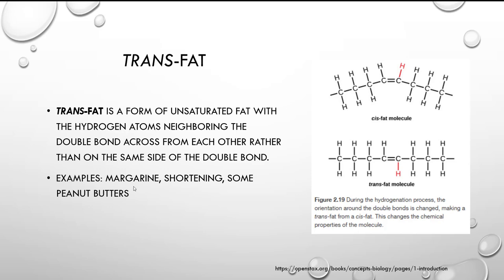But it's made from vegetable oil. What happened is they did a hydrogenation process. They took an unsaturated fat, vegetable oil, and hydrogenated it to make it solid at room temperature. To do that, they ended up creating a trans fat molecule. They took this unsaturated fat and tried to stabilize it, to remove the kink to make it solid at room temperature. And in doing so, this is what ended up happening.